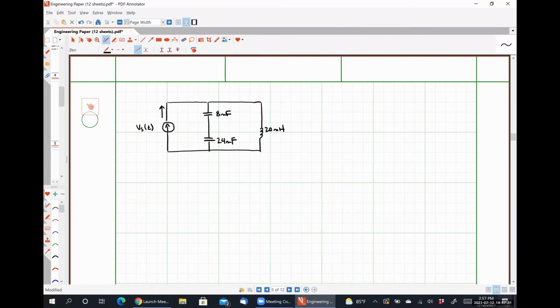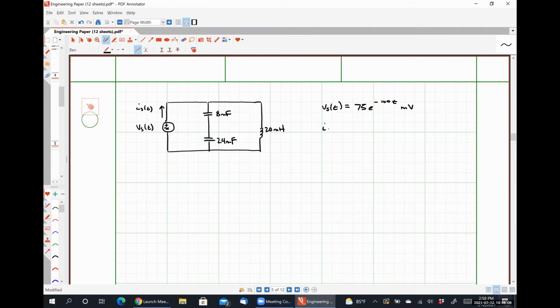We are told that there is some current Is of t leaving, sorry, our voltage source, which I don't know why I put an arrow there. Should be a plus and a minus sign. So let's see, we are told that Vs of t is 75 e to the minus 100t millivolts.